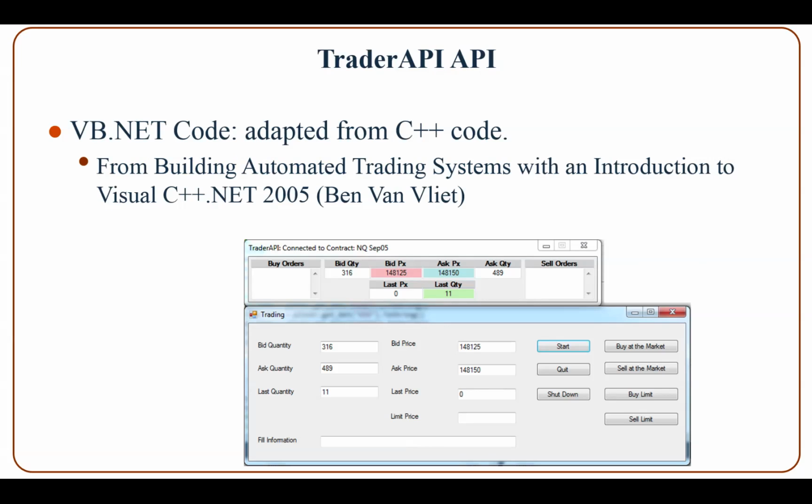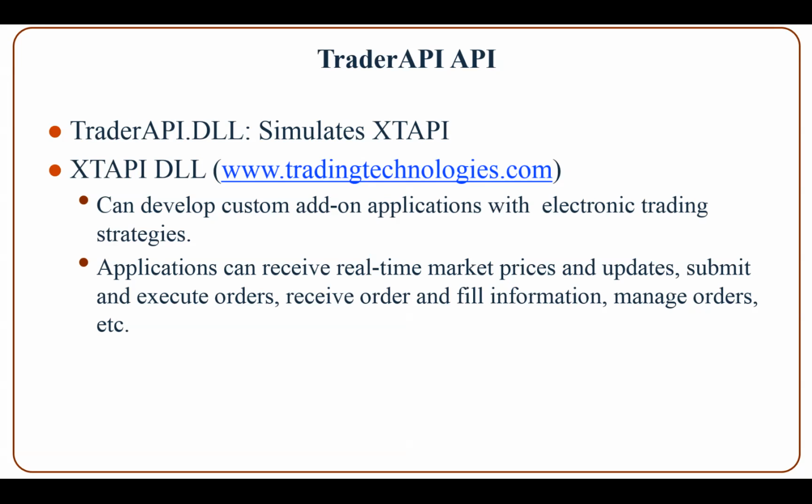The Trader API is written by Ben Van Vliet in the introductory C++ book, namely Building Automated Trading System with an introduction to Visual C++.NET, and then I adapted the C++ code into VB.NET code, and the code needs to add a reference to TraderAPI.dll.